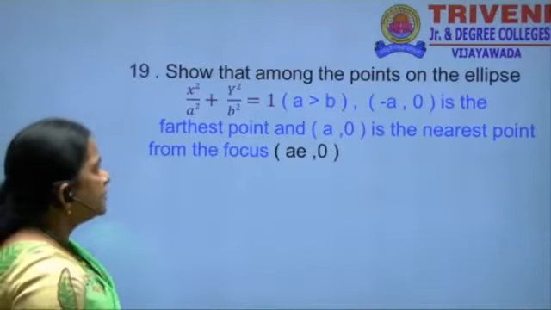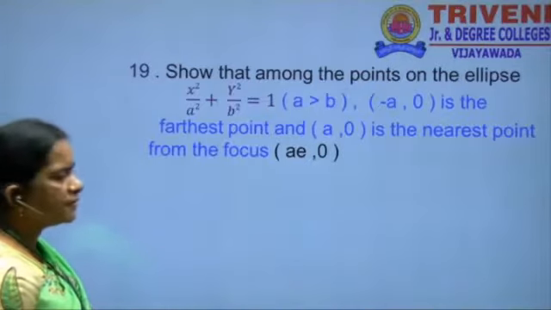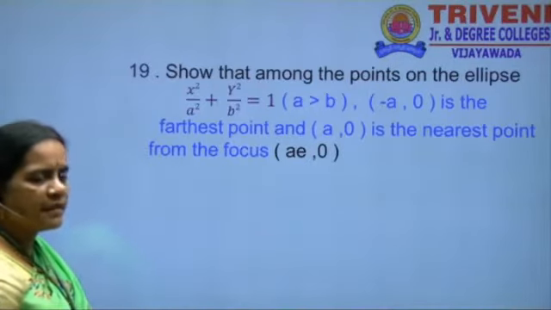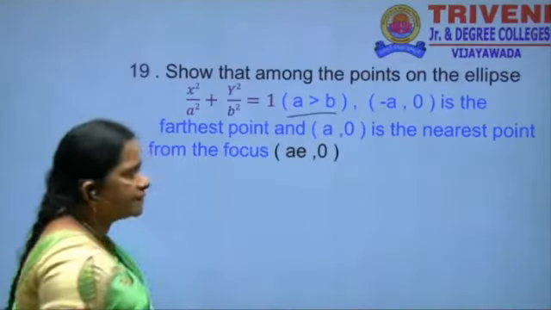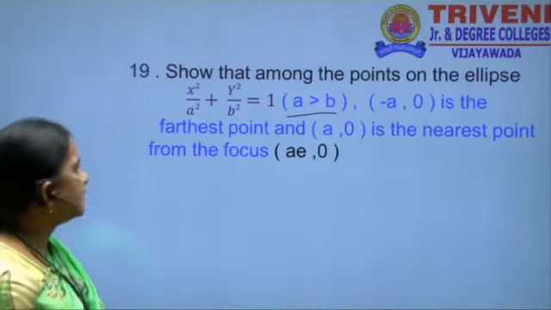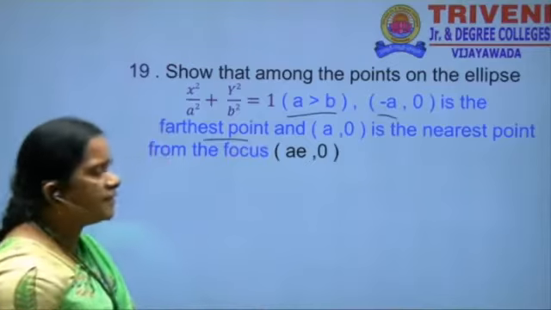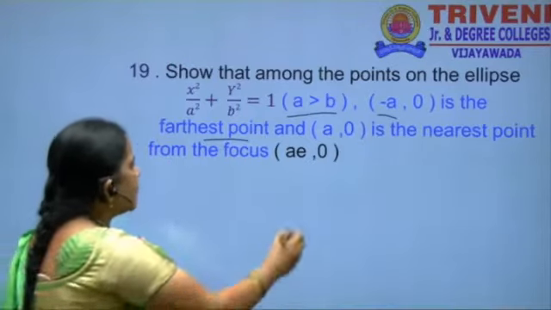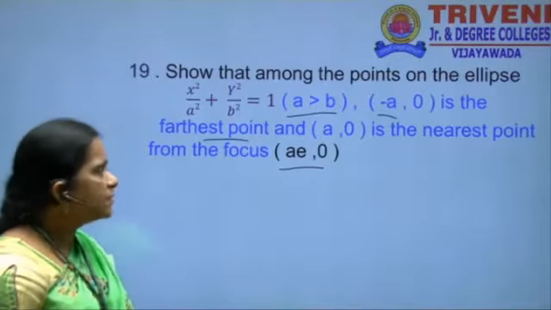Show that among the points on the ellipse x square by a square plus y square by b square is equal to 1, here also given a is greater than b greater than 0, minus a comma 0 is the farthest point, a comma 0 is the nearest point, and the focus is ae comma 0.